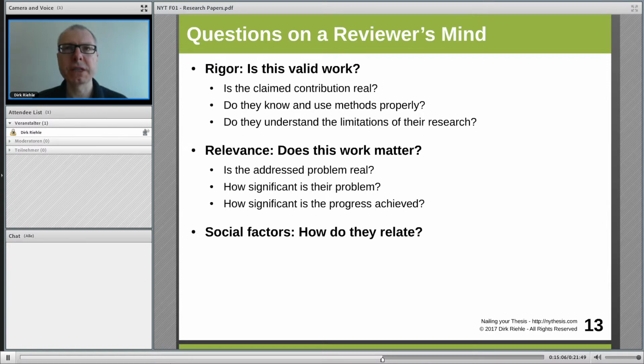So next to rigor and relevance, the two key dimensions of evaluating a paper, sometimes there are social factors as well. Do the authors properly put their work into context? That's usually tied to the related work section, where you show that you know about other research in the area. This is a social proof point, if you will, as to do you understand what field you're working in. You need to understand that a reviewer looks at your paper, and maybe it's 10 pages, and wonders, what is it that they are not telling me?